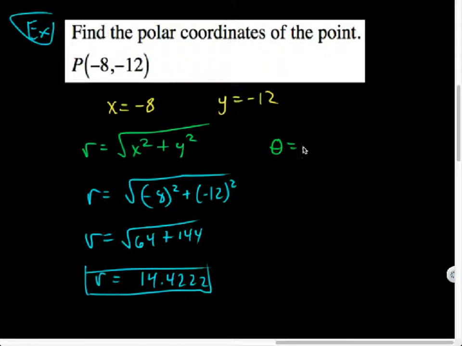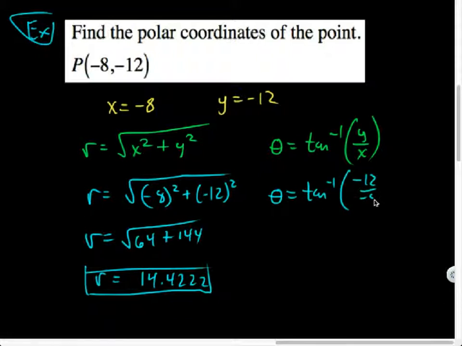So let's see, theta is going to equal, I'll just call it the tan inverse of y over x. We'll do a little bit of thinking on this one. Theta is going to equal tan inverse of -12 over -8. I've got to be careful here. This is likely going to give me the reference angle, so I'll just call this alpha real quick.